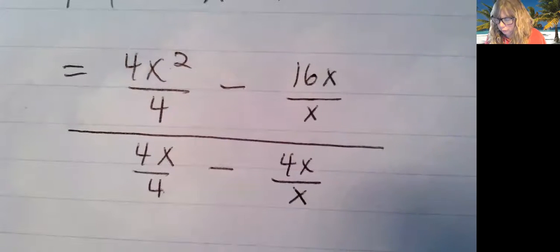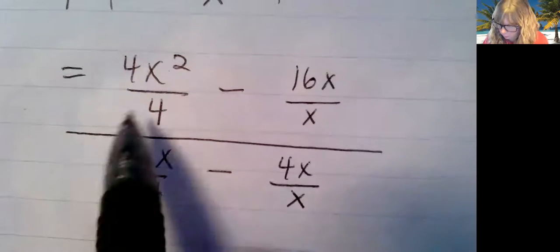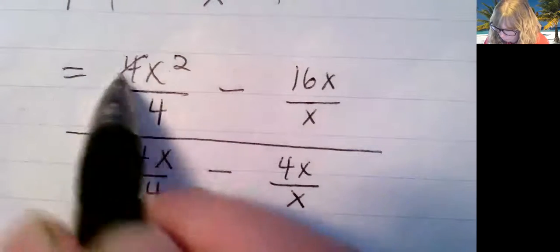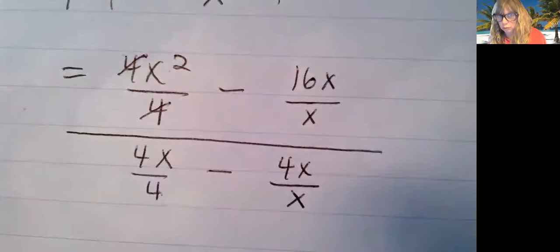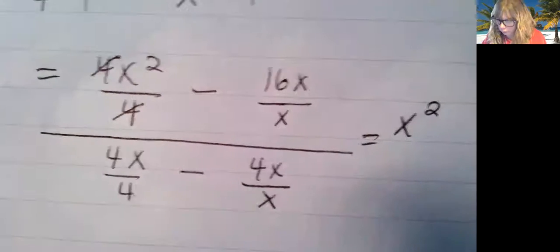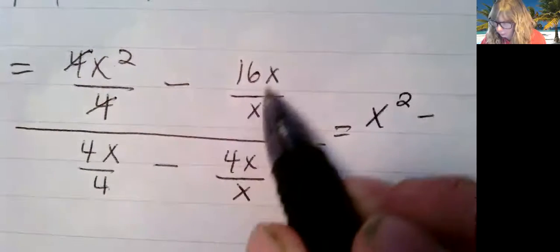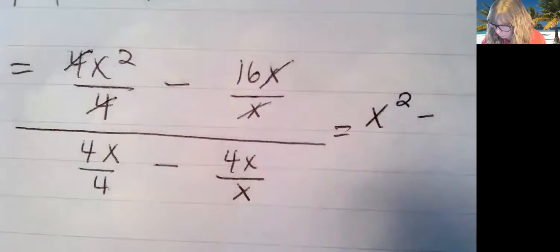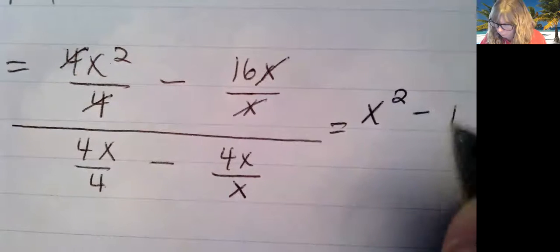So when we simplify this, if we chose the right number to multiply by, all the denominators should disappear in this case. All right, so if I look at here, we can cancel out those, and we're left with just x squared. And then if we look at these, the x and the x cancel out and leave 16.